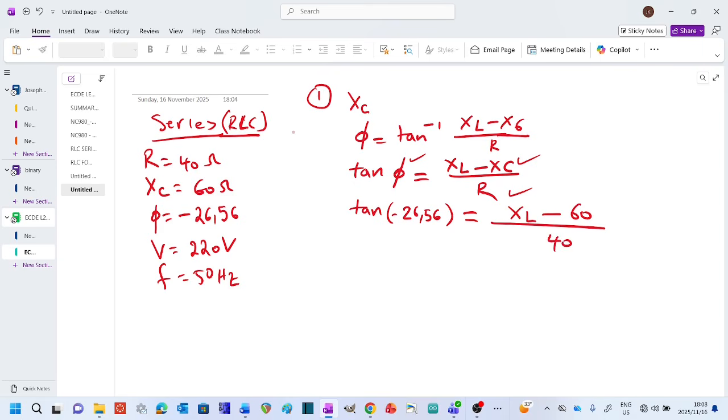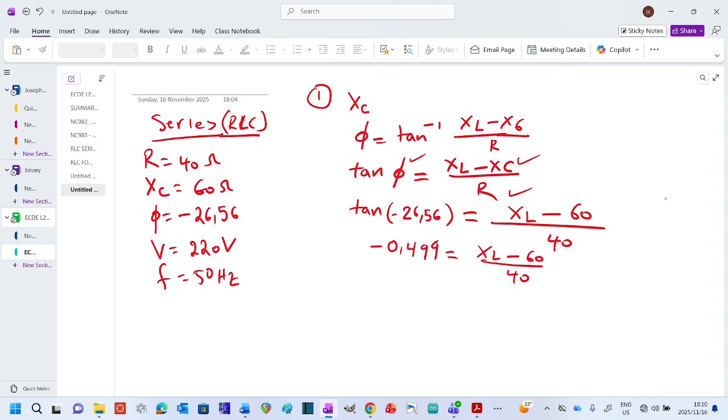So that's it. Let me use my calculator. All right, so tan of minus 26.56 is equal to minus 0.499, which equals XL minus 60 over 40.